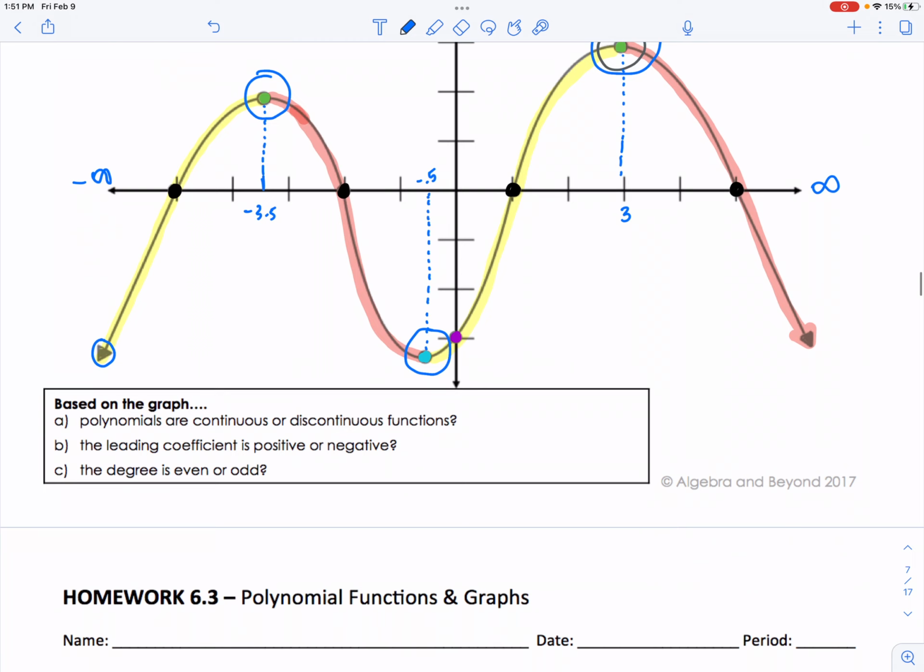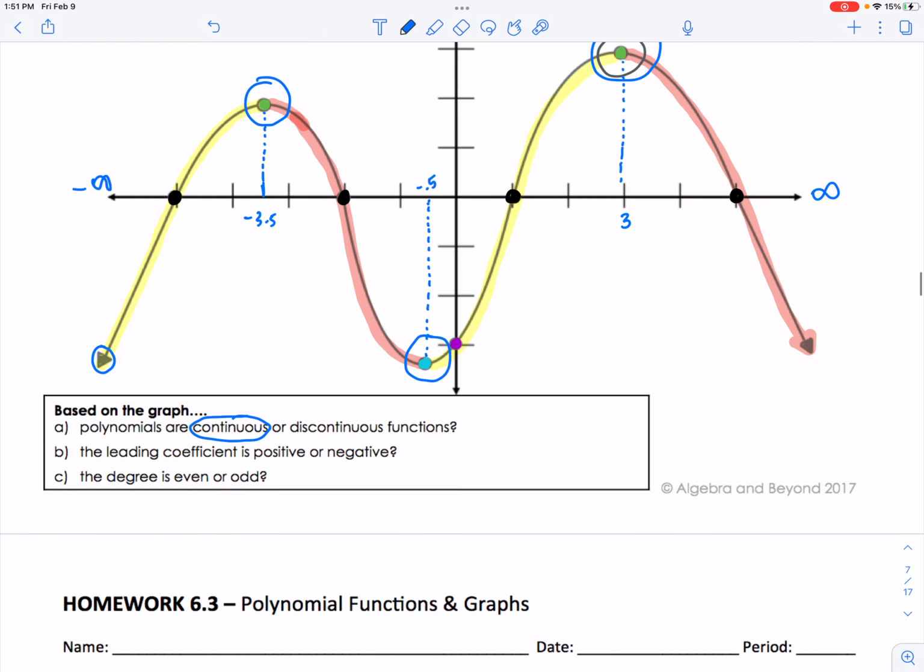So based on the graph, polynomials are continuous functions. Is the leading coefficient positive or negative? Looking at this, our end behaviors are both going down, so we know the leading coefficient has to be negative. And because they're both going down, the degree has to be even.